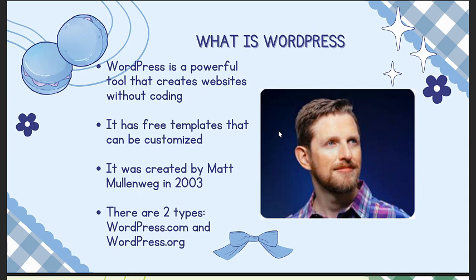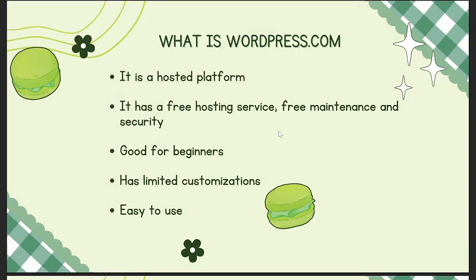There are two types. There is WordPress.com and WordPress.org. So what is WordPress.com? It is a hosted platform. It has free hosting service, free maintenance and security. So WordPress.com is just like, let's say, a rented apartment. When you go to a rented apartment, you see that everything is furnished there.